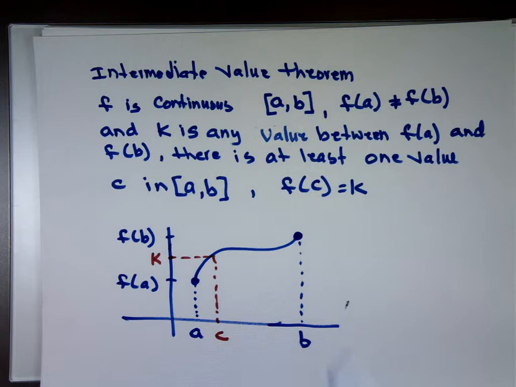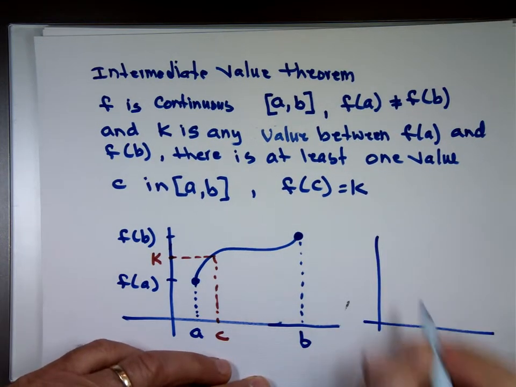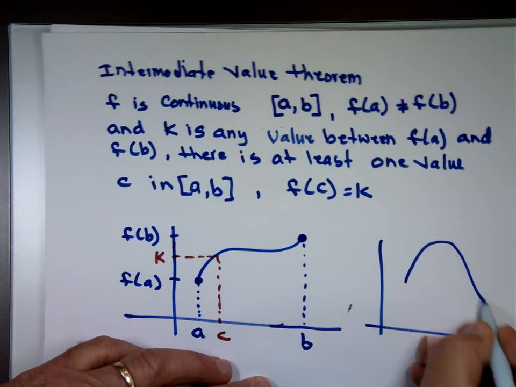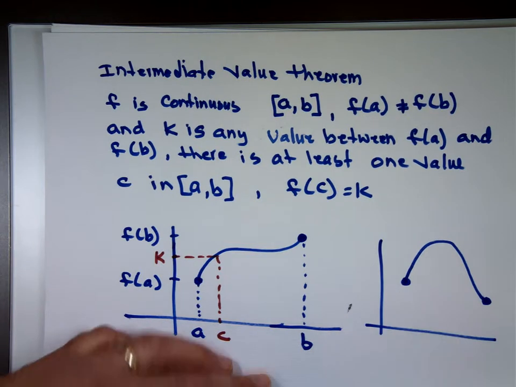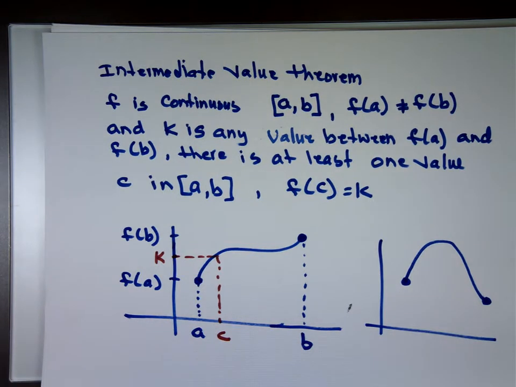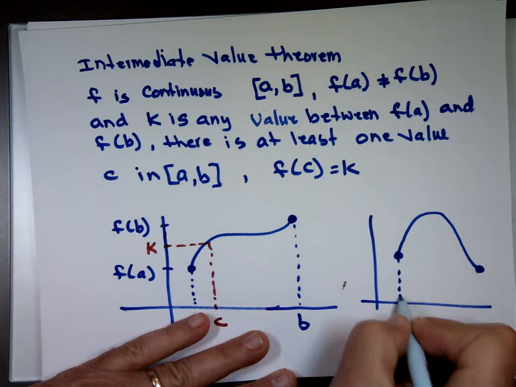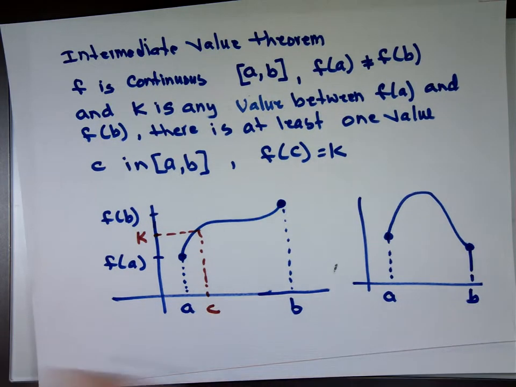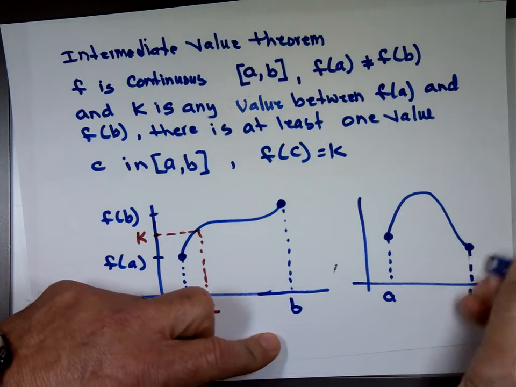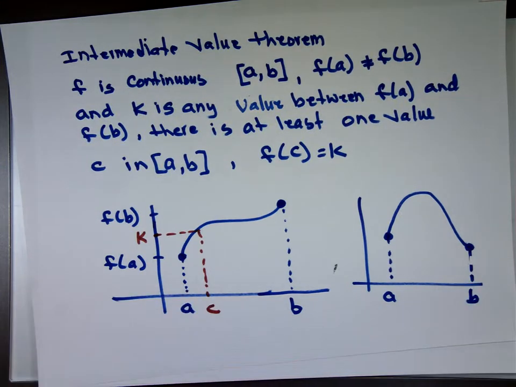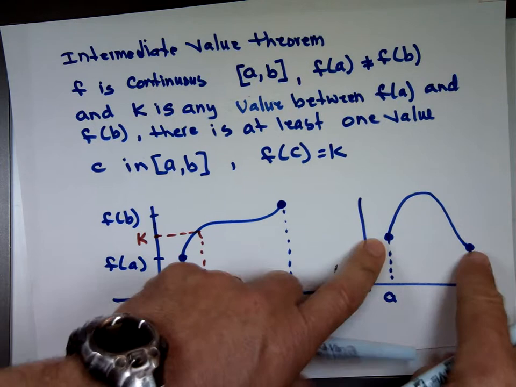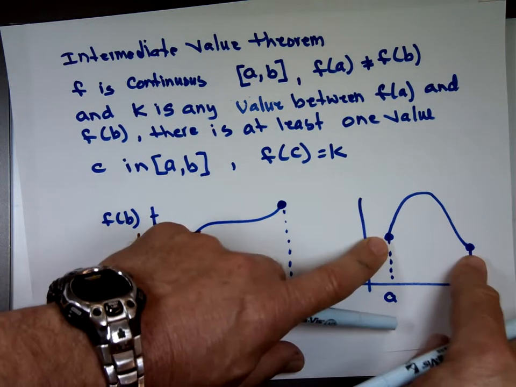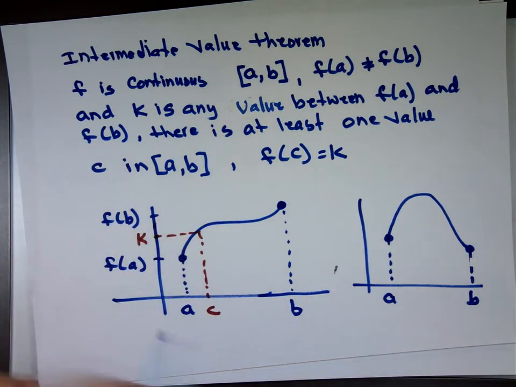How can you have more than one? How about this one? Is that a continuous one? That is continuous. Let's go like this, the dotted line. From A to B, closed interval, very good. F of A does not equal f of B. I made one higher than that, I don't know if you can see it.